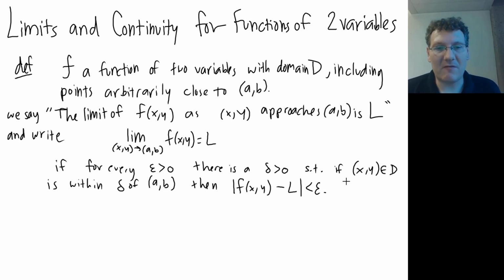We say the limit of f(x, y) as (x, y) approaches (a, b) is L, and we write this as the limit as (x, y) goes to (a, b) of f(x, y) equals L, if for any epsilon greater than 0, any small number that someone desires, we can find a delta greater than 0, such that as long as (x, y) is no more than delta away from (a, b) in distance, then f(x, y) is no more than epsilon away from L. It's the same idea, but just extending it to two variables.